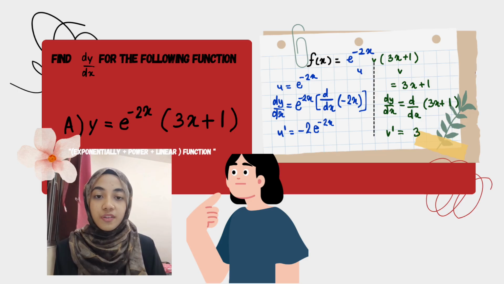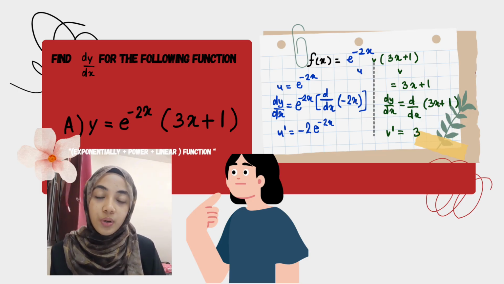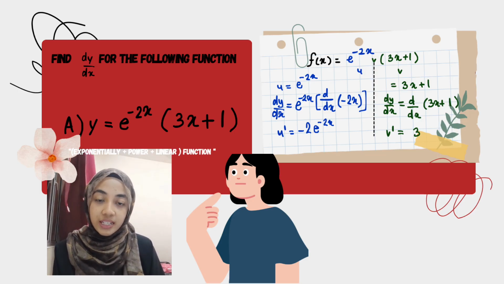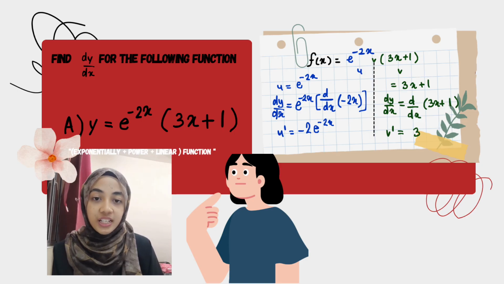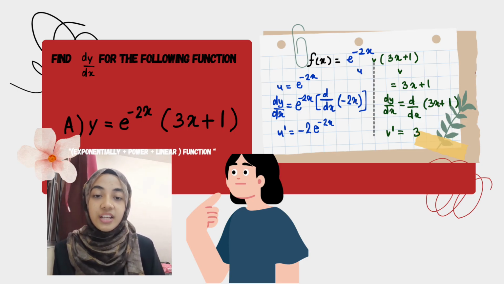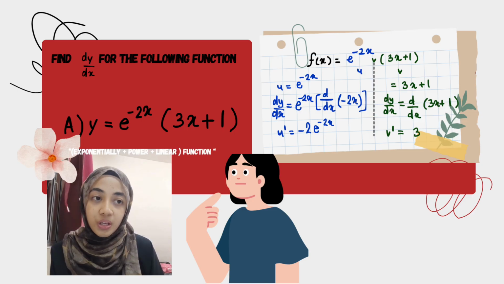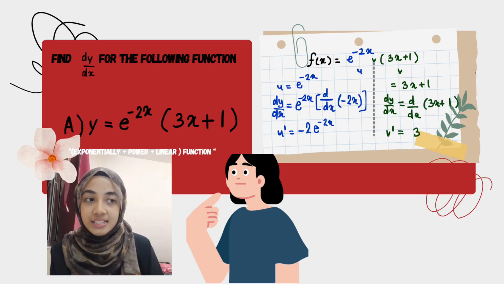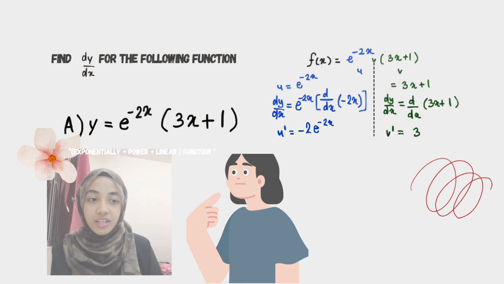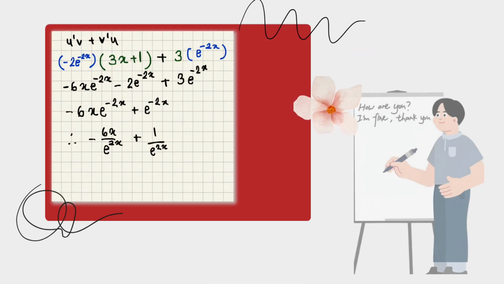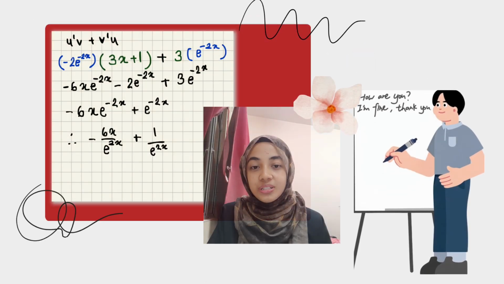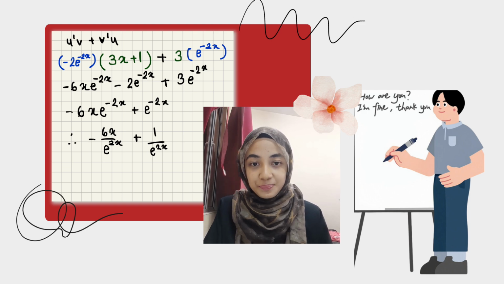So what we have to do is find u prime and also v prime. So how to find it? We need to differentiate u and v to get u prime and also v prime. So when we differentiate u, we get negative 2 exponent negative 2x, and v prime is 3. After that, we need to replace the values into the product rule method.